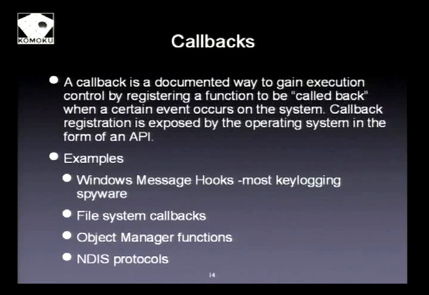And then I'm going to do something with the packet and pass it on, perhaps. So just the nature of the documentation of how these are implemented and the fact that they're standard makes detection very difficult because now you have to determine, is it a legitimate piece of software that's registered this callback, or is it malicious?